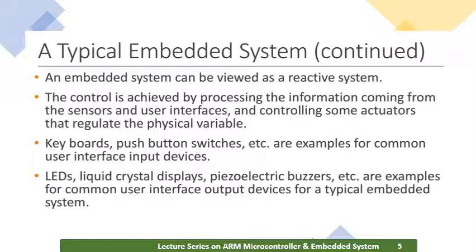So keyboards and push button switches are examples of input devices. Liquid crystal displays, that is LCD, piezoelectric buzzers and so on are examples of the common user interface output devices for one particular embedded system.